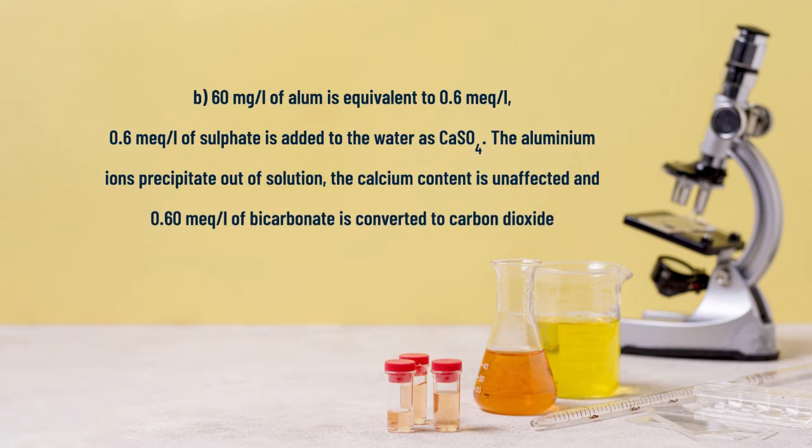Now 60 milligram per liter of alum is equivalent to 0.6 m equivalent per liter. So 0.6 m equivalent per liter of sulfate is added to the water as CaSO4. The aluminium ions precipitate out of solution. The calcium content is unaffected and 0.60 m equivalent per liter of bicarbonate is converted to carbon dioxide.